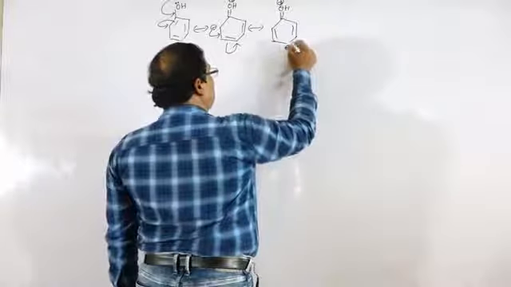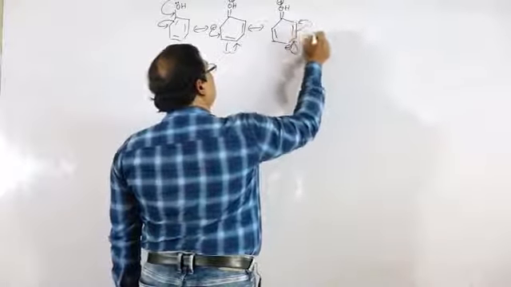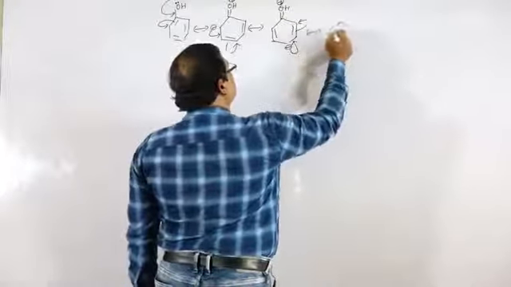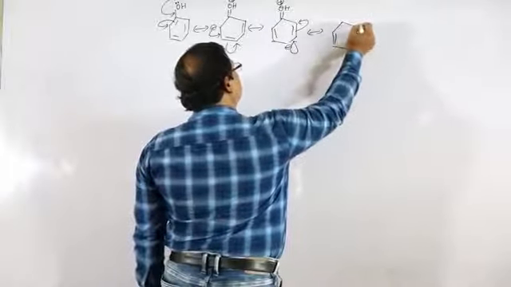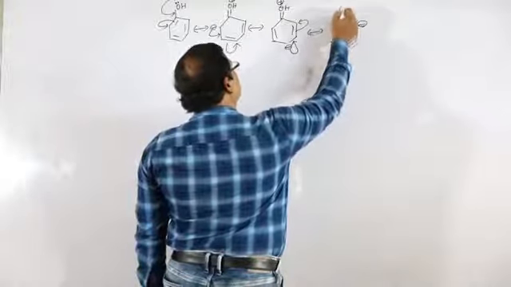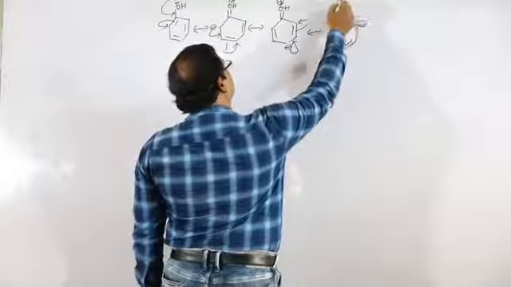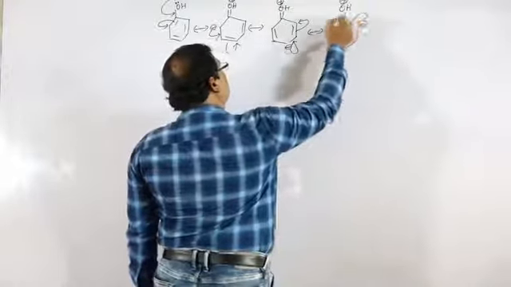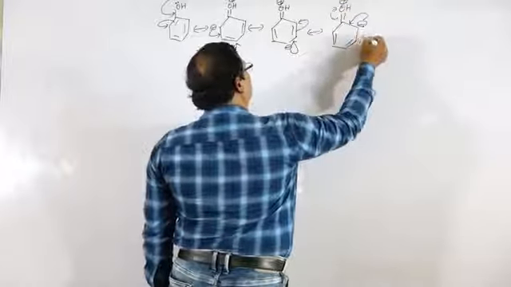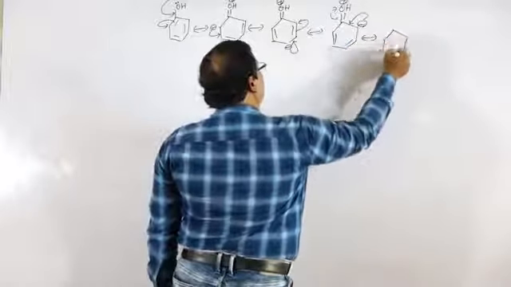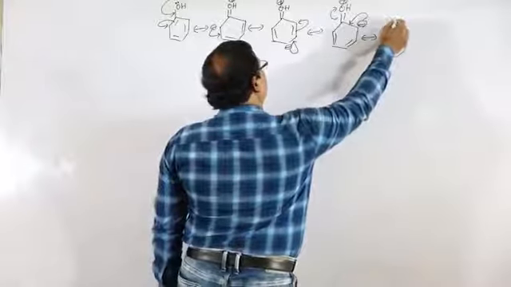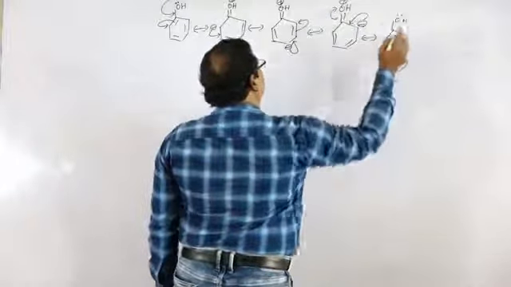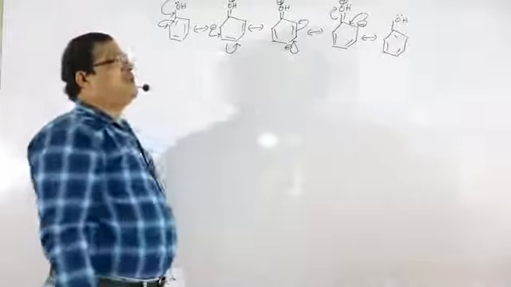So the negative charge will shift to the bond, and the bond will shift to the next atom. Double bond, negative charge at this position. Negative charge to bond will shift to the next atom. Double, that is OH. The oxygen atom contains a lone pair of electrons.